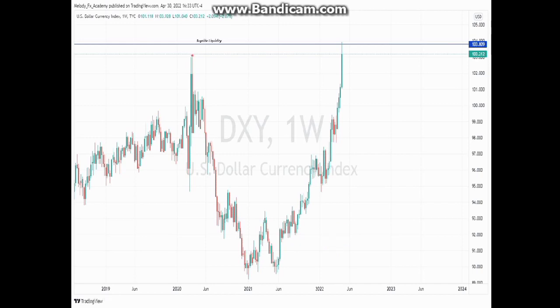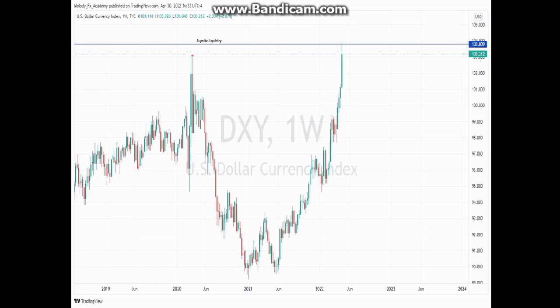Okay, so now the second way to discover your daily bias, of course, is by using the DXY, the US dollar currency index. That is for the forex market, for forex pairs. And not just any pairs, but the major pairs that are paired against the US dollar.